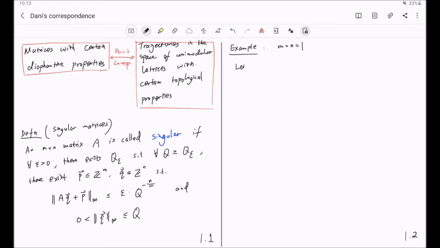But let us still do it rigorously. Let a over b be a rational number, and let's assume the GCD of a and b is equal to 1. Namely, they are coprime. Then for any epsilon greater than 0, we take q epsilon to be b.